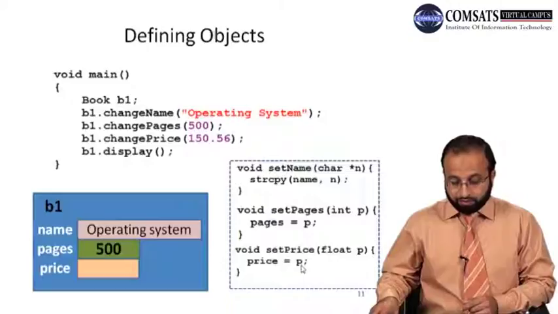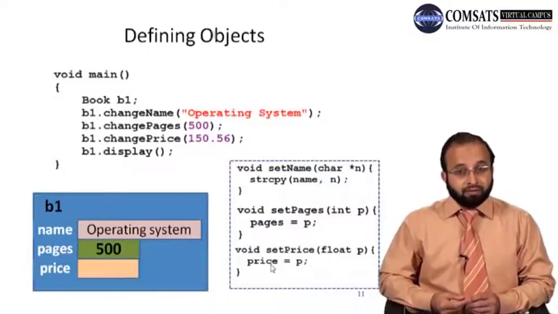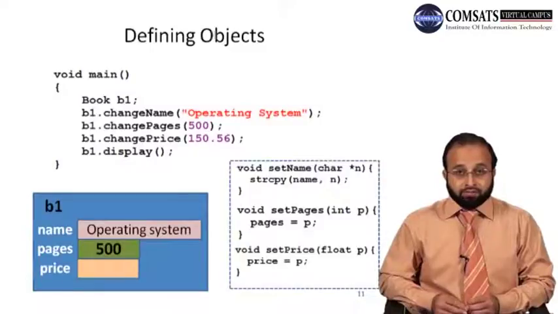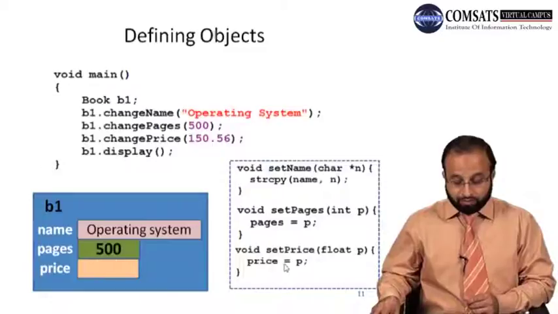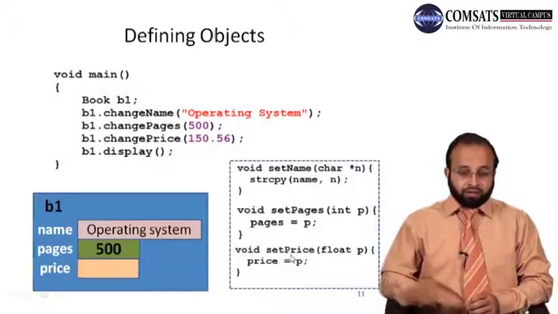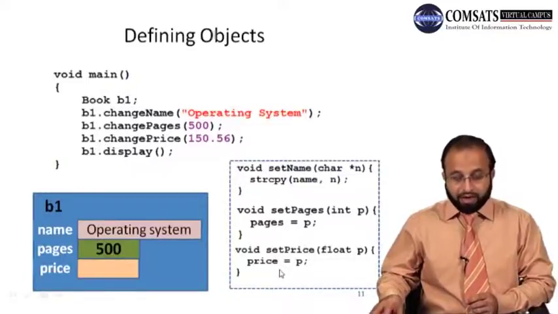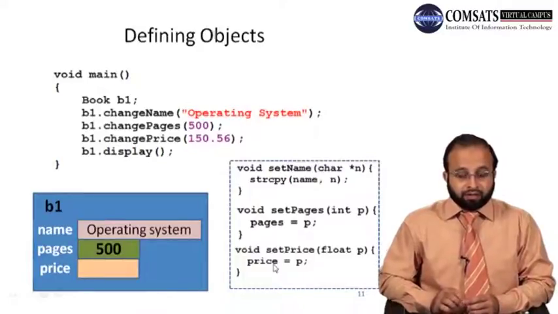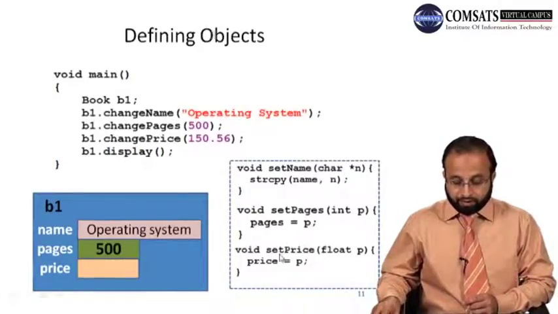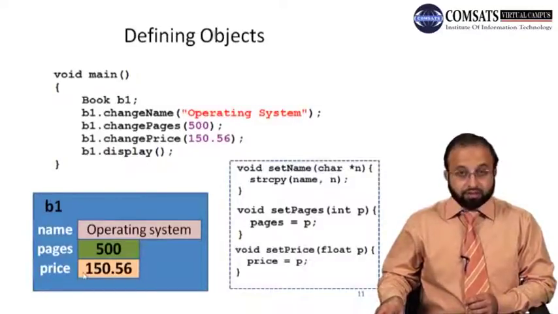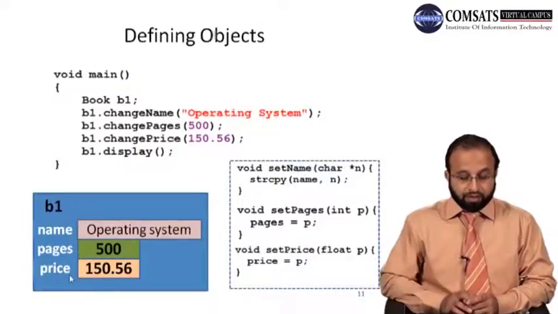So 150.56 will be assigned to price, and price is a private data member of the object of class book. Whose private data member will it be here? The object through which you called the set price function. So the set price function b1 dot set price is called over here. So the private data members of b1 are directly accessible within the definition of the set price function. So now this price will be assigned to the price, that is a private data member.